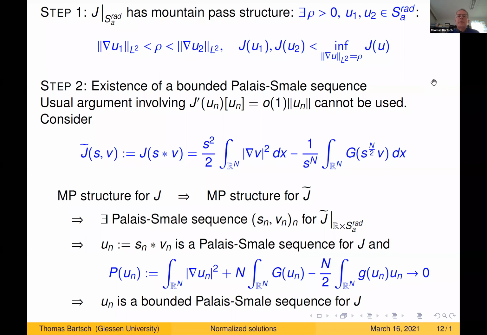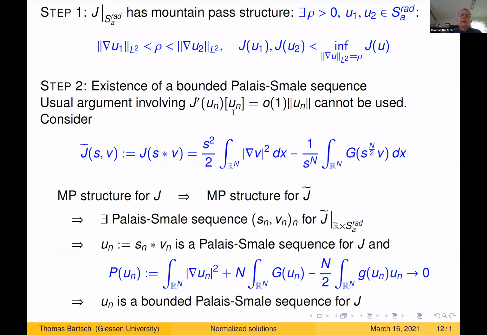But first of all, to get a bounded Palais-Smale sequence, in the case when you do not prescribe the L2 norm, but you work in the full space H1, with no constraint, then for the bound you look at this variation of J. You look at J prime of un, and you vary it in the direction of un. But this is not allowed here, since we only have a Palais-Smale sequence for the constrained functional, we have this identity here. So J prime of un is equal to o of 1.